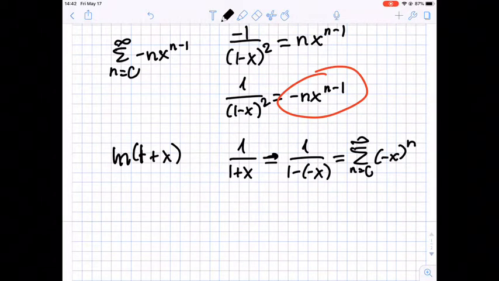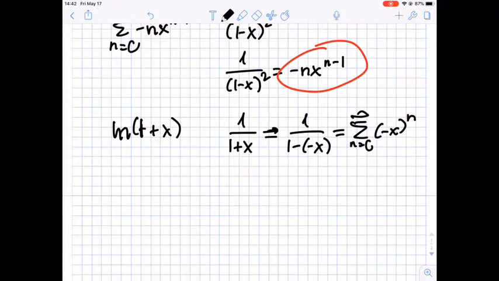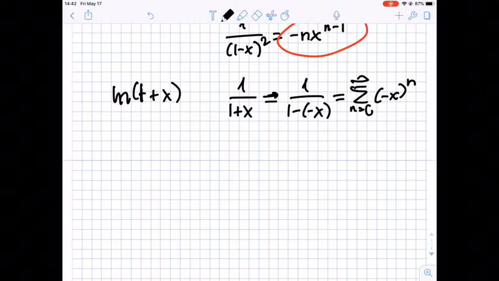So how do you find the power series of ln 1 plus x? Because ln 1 plus x is the integral of 1 over 1 plus x, we can use integration to find the power series that represents ln 1 plus x.